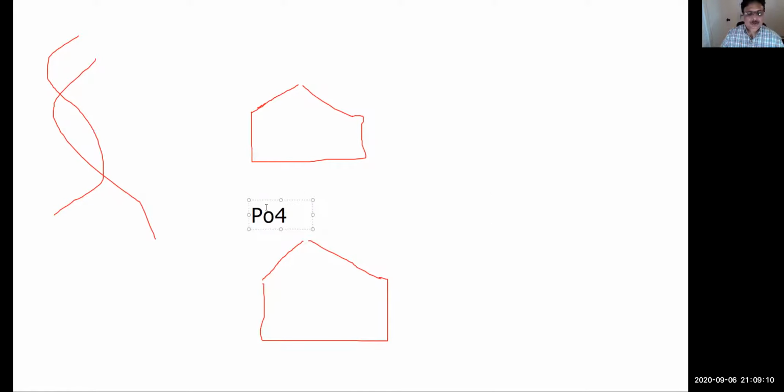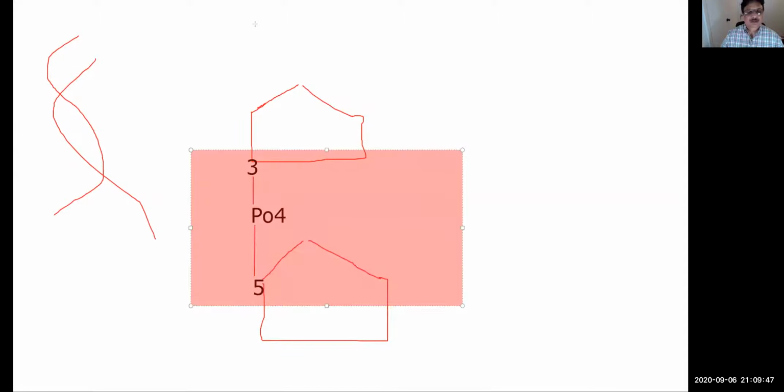So how is it connected? Here, this is carbon number 3, and on the second sugar, carbon number 5. This phosphate molecule on one hand joins to carbon number 3, and on the other hand it joins to carbon number 5. This is referred to as the phosphodiester bond. Why diester?